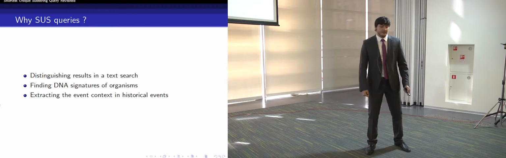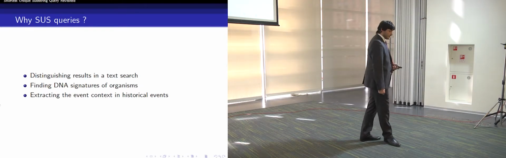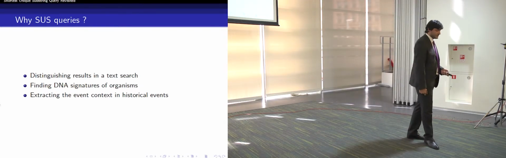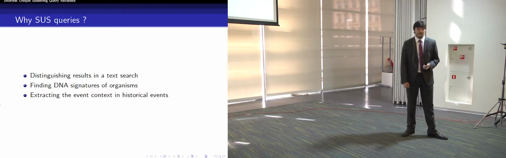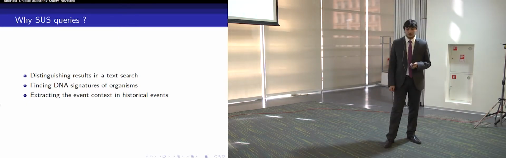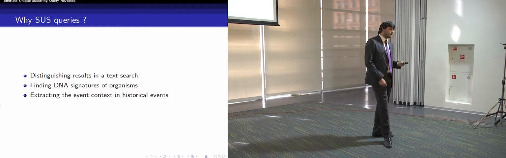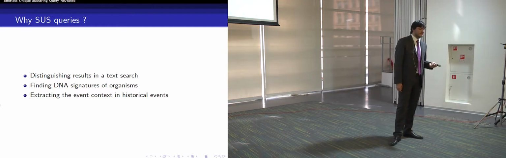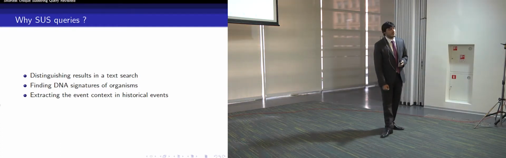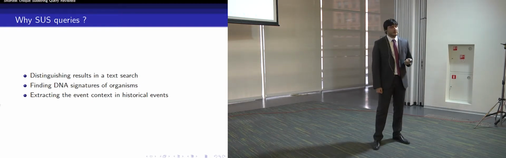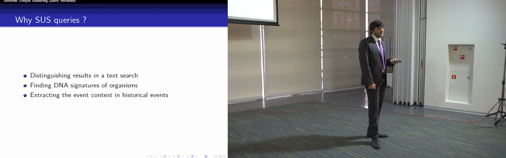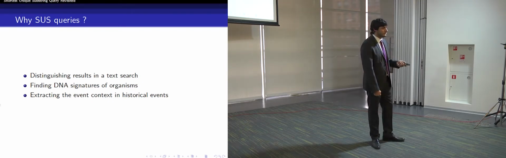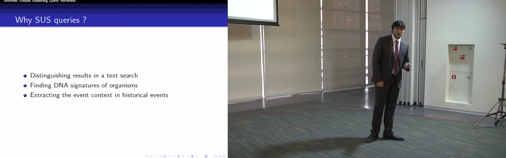Why are we doing this? Shortest unique substrings can be used for distinguishing the results in a text search. For example, you searched a word in a long text and you have to distinguish its appearances. One way of doing it is giving snippets of the text which contain the word searched.